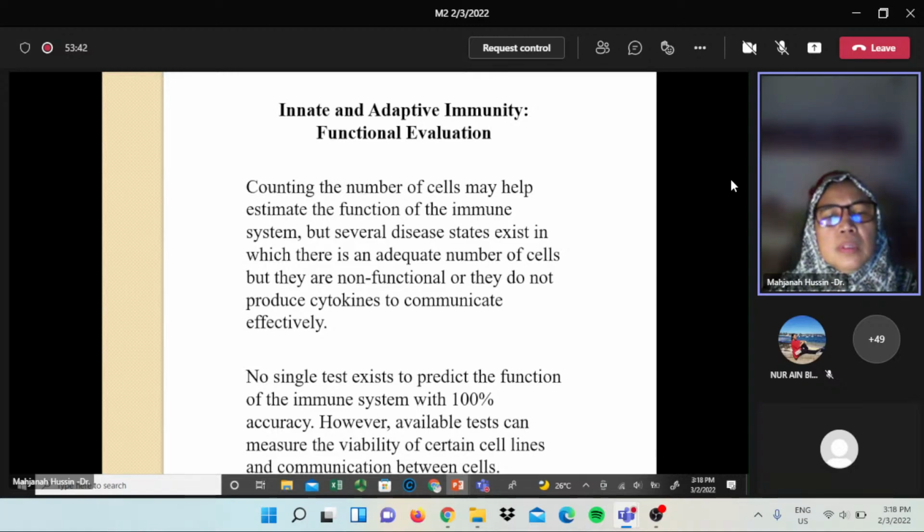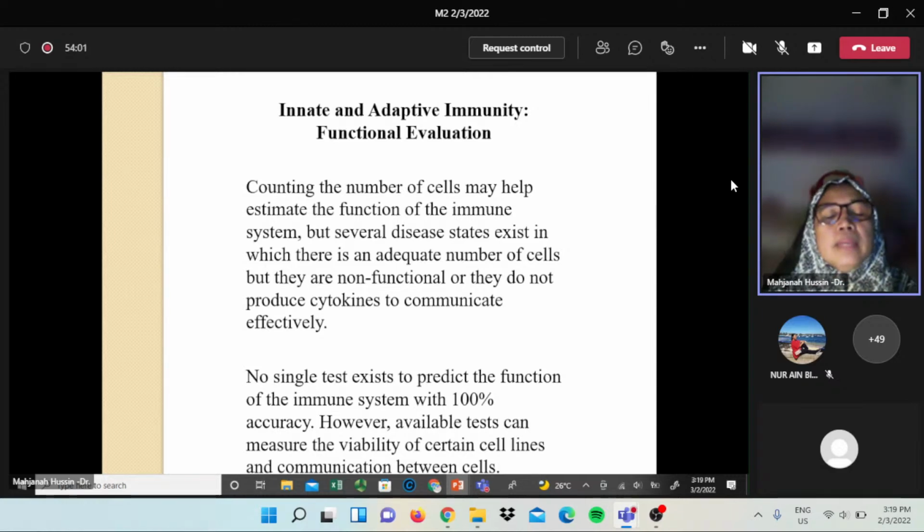Some people have very little neutrophil, and then you can predict that there's something wrong with this person. The neutrophil is very low, and then you will know that the person is diseased or sick.